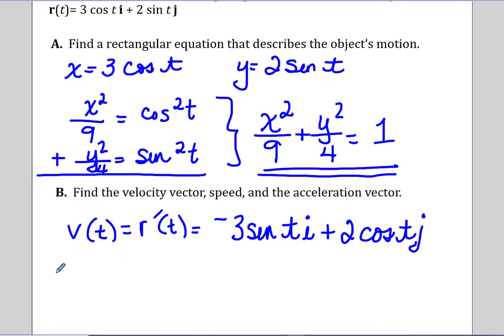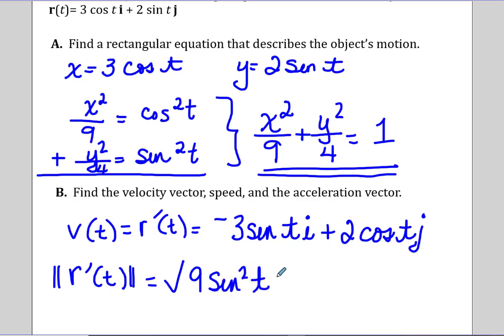The speed would be the absolute value of our velocity, and that's going to be the square root of 9 sine squared t plus 4 cosine squared t. There's our speed.